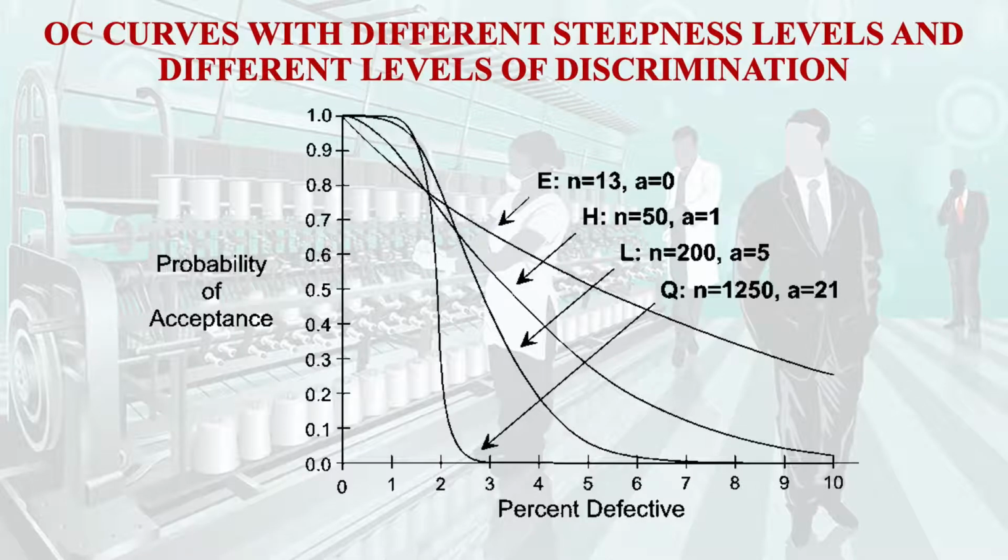I just want to show you another curve where we have different values of C and small n. If we increase the sample size, or increase the acceptance number, then the shape of the curve also varies.